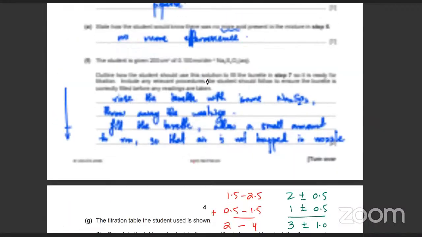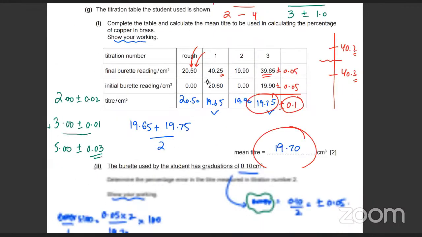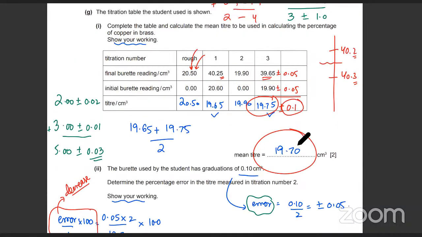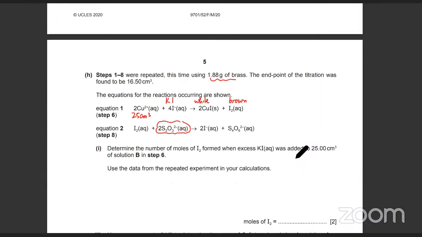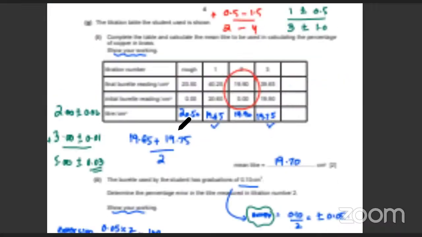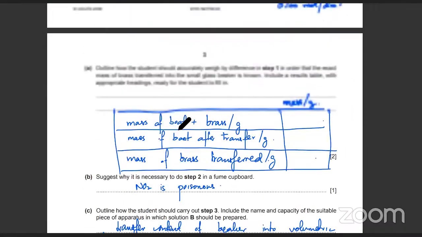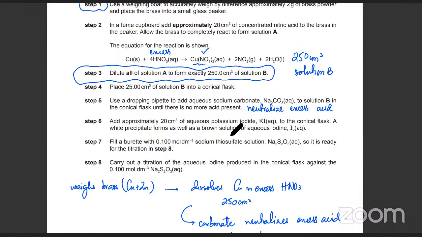Your answer for that was volume. It came out to be 19.7 cm cube. And somewhere above, he also gave us the concentration of thiosulfate. Carry out a titration of aqueous iodine produced against 0.1 mole per dm cube.